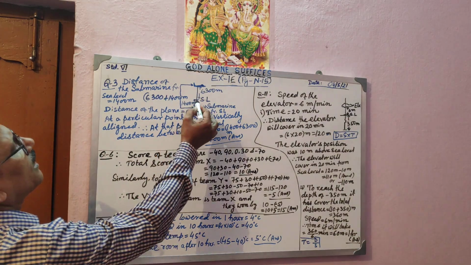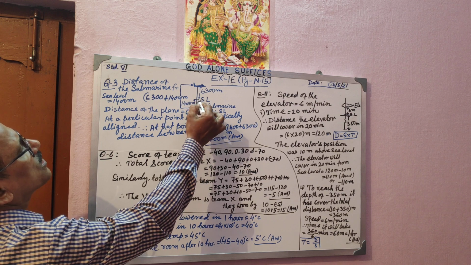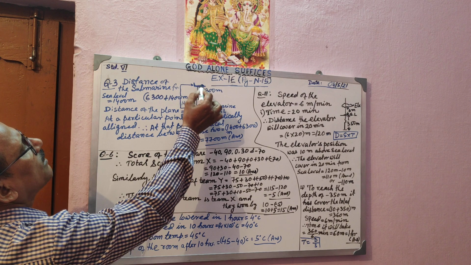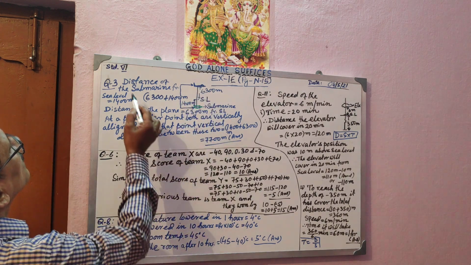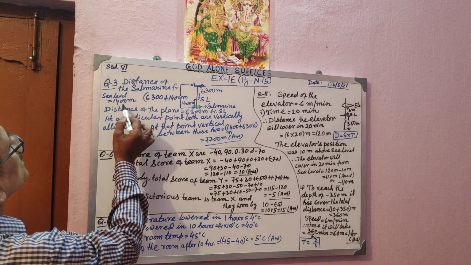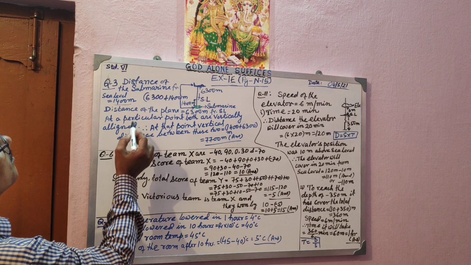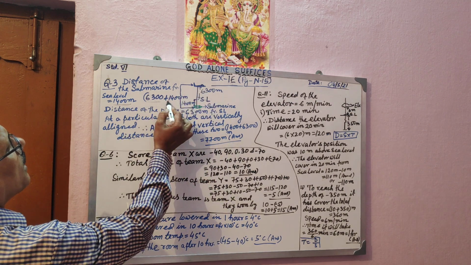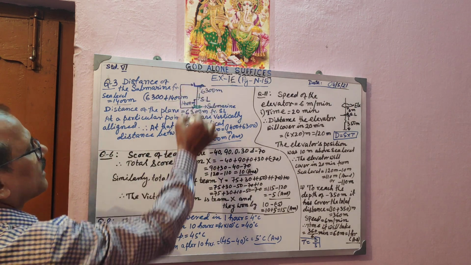Very clearly, this is the sea level I have drawn, and here is the submarine. You can see it is 1400 meter from the sea level, and above the sea level the aircraft is here, which is 6300 meter. So naturally, the distance of the submarine from the sea level is 1400 meter, and the total distance will be 6300 plus 1400, because the vertical distance is asked.